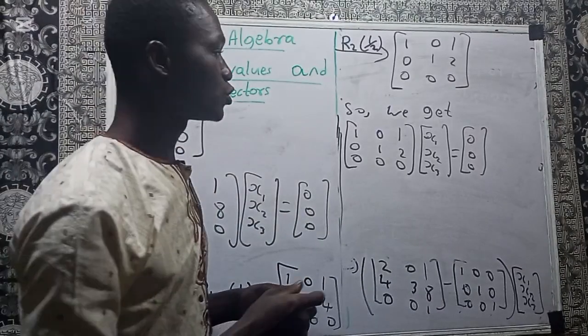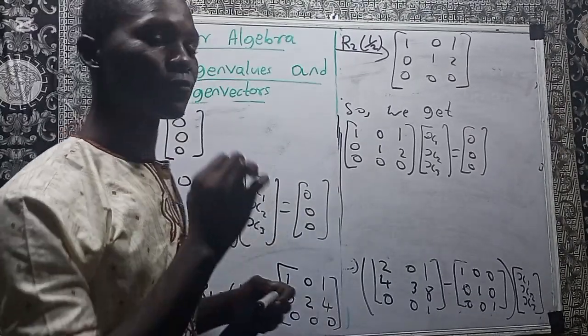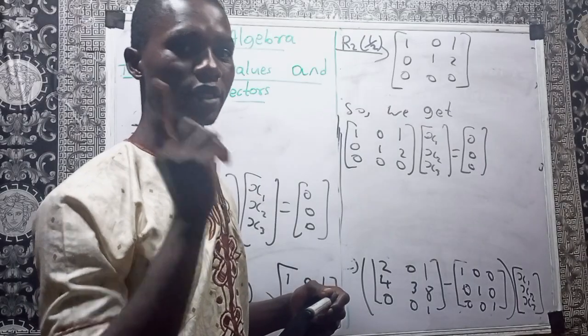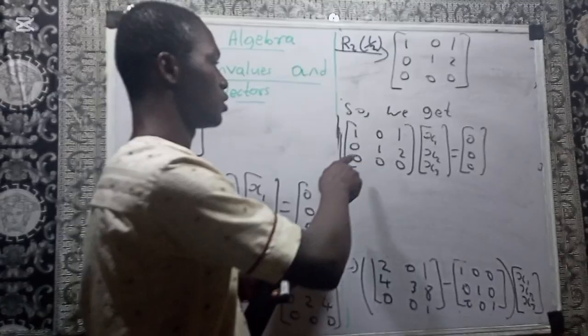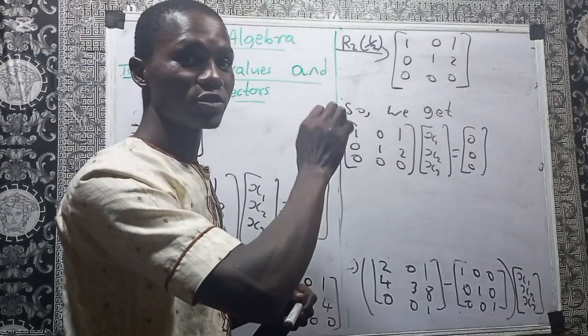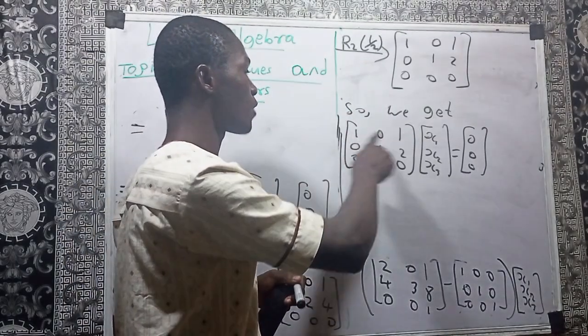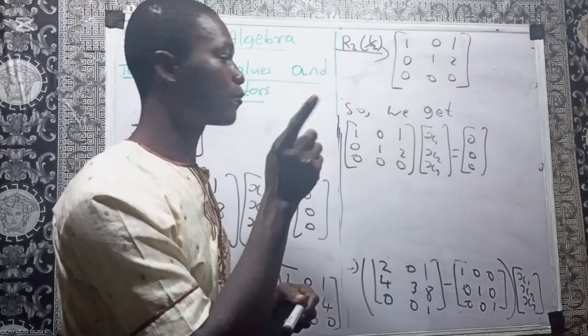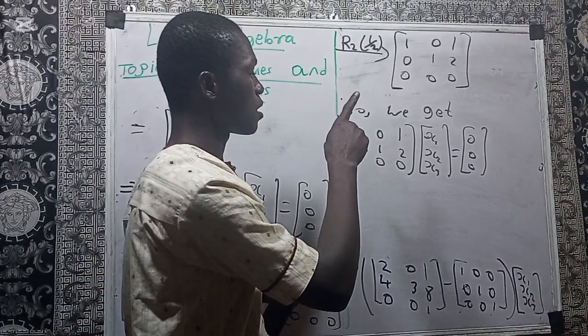So the next thing we are going to do is to check whether each column has a leading entry of a row. The leading entry, which is the first non-zero number in a row, the leading entry of row 1 is 1, is located at where? Column 1. So column 1 has the leading entry of row 1.